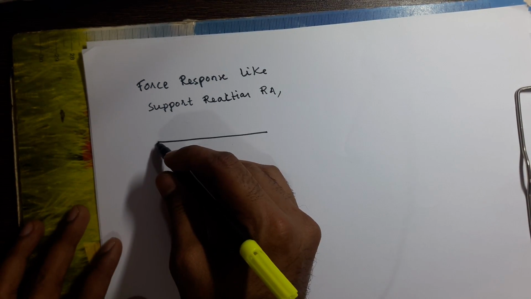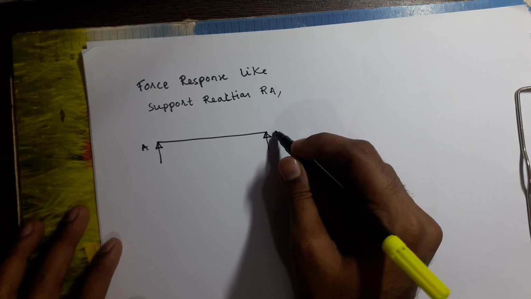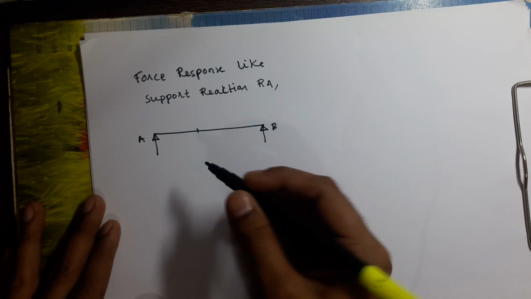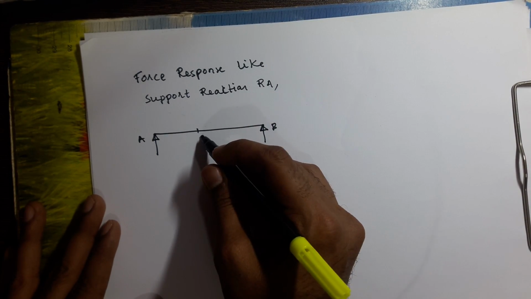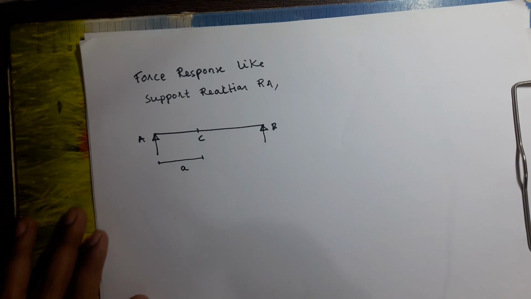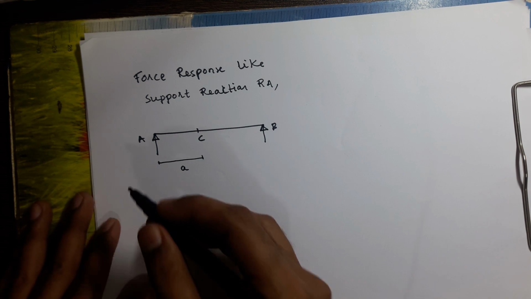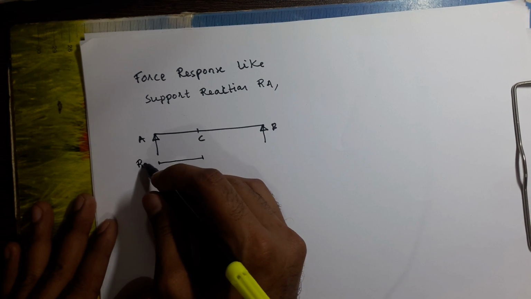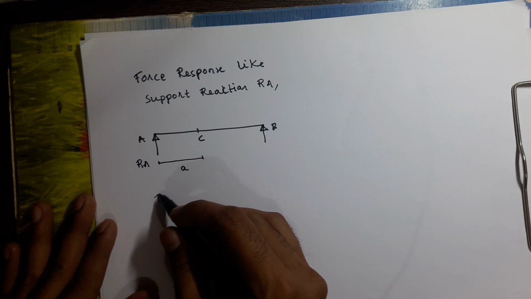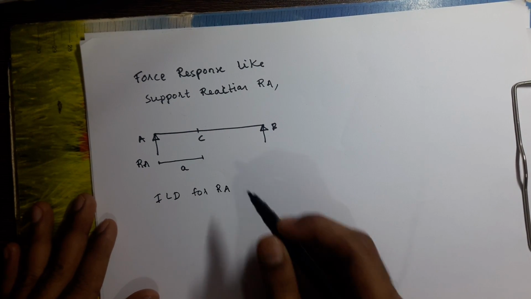For example, if you have a simply supported beam A, this is B, and you take any point C between A and B and define the distance A. So in the influence line diagram video number 2, we have seen how to draw influence line diagram for RA, okay, ILD for RA.